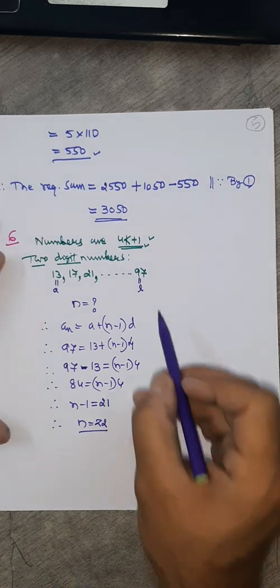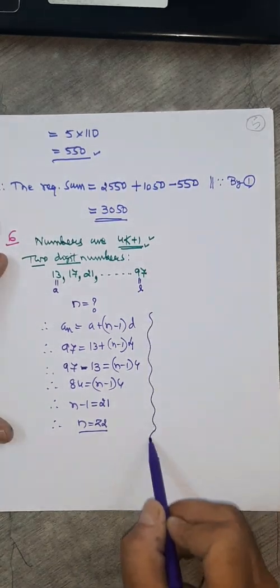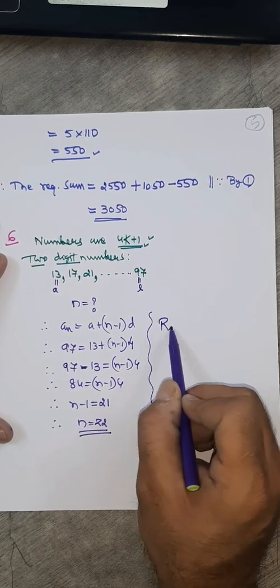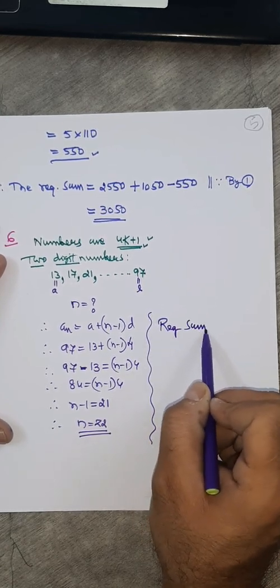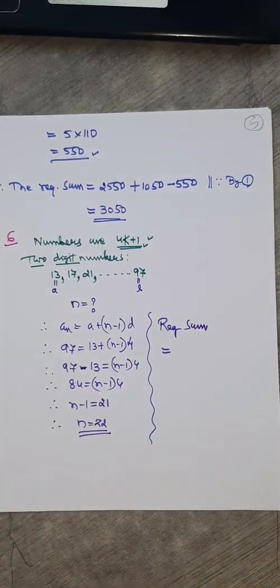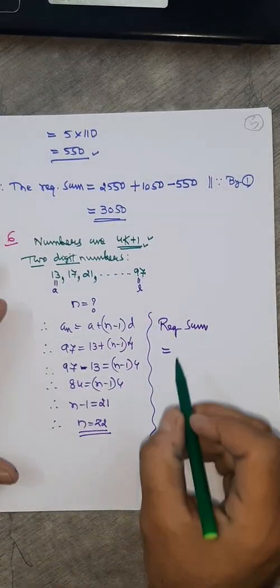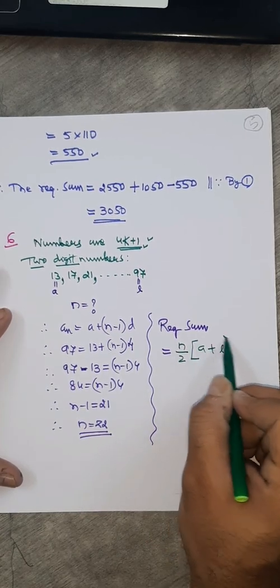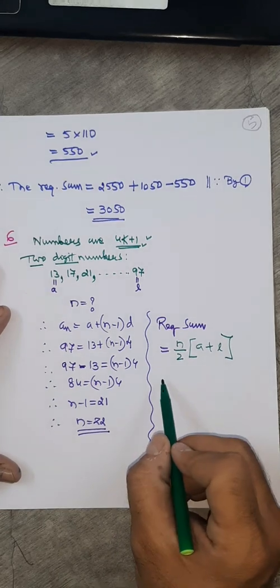Okay, now from this we can get the required summation. I'll write required summation, that is the sum of all such 2-digit numbers which, when divided by 4, leave remainder 1. That equals this formula, n by 2 times (a plus l). What is n here?